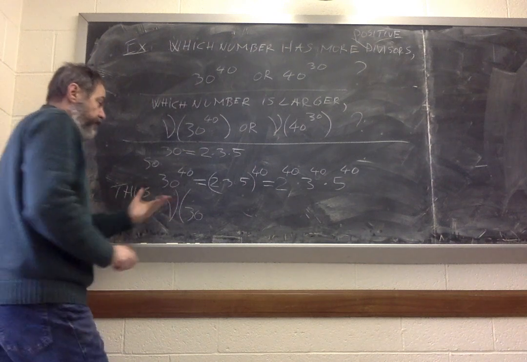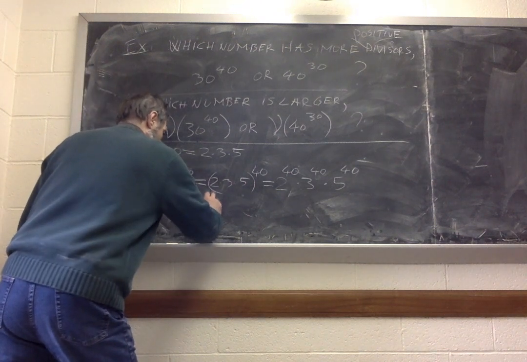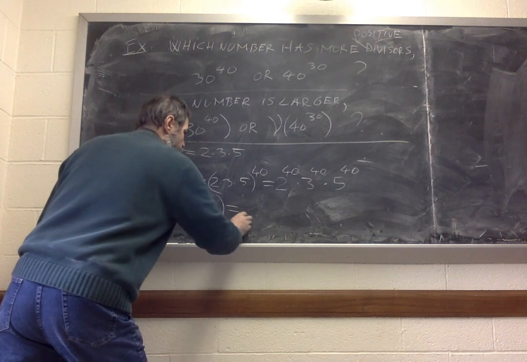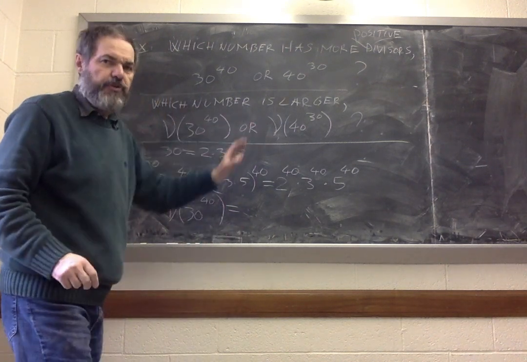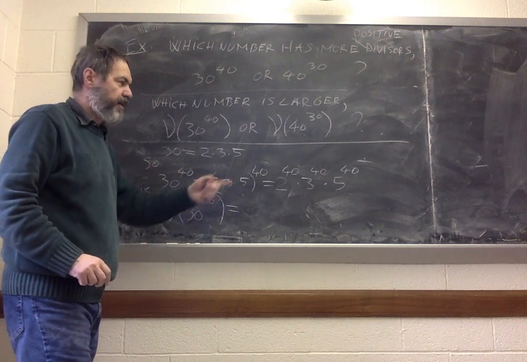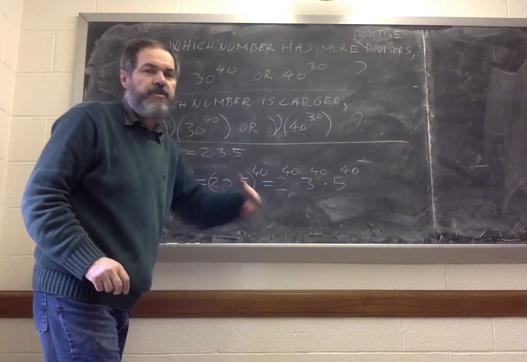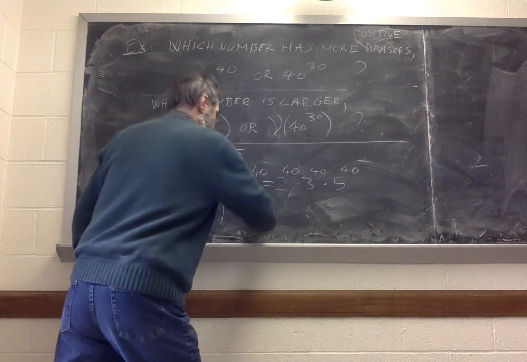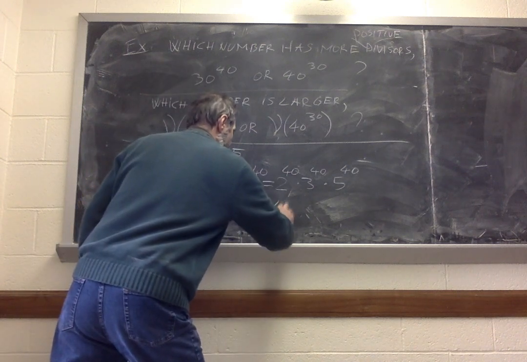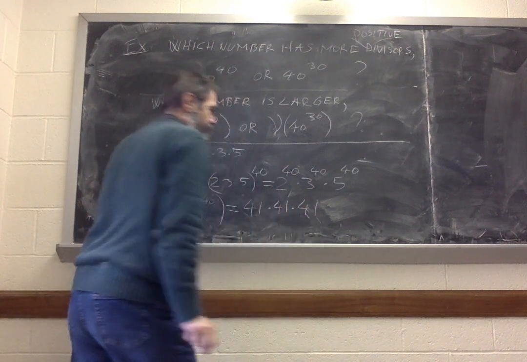Thus, the number of divisors of 30 to the 40 is equal to, we know what the formula is. Add 1 to each exponent and multiply the results. So it's 41 times 41 times 41.